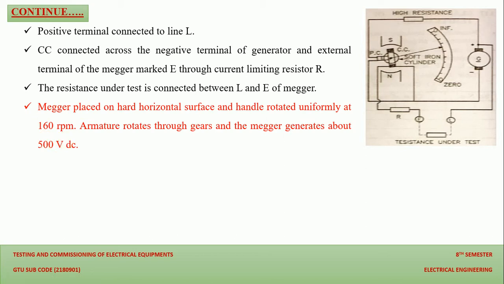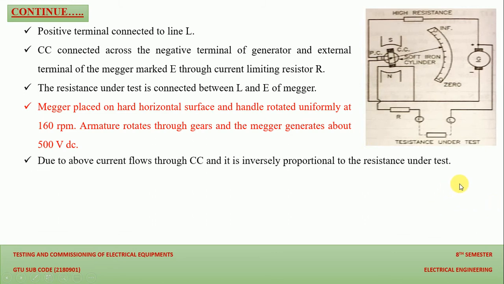The armature rotates through the gears, and as we rotate it at 160 rpm, it generates the rated voltage for the measurement of insulation resistance. The generated voltage is about 500 volts DC, which is transferred through the pressure coil, the current coil and the element under test.